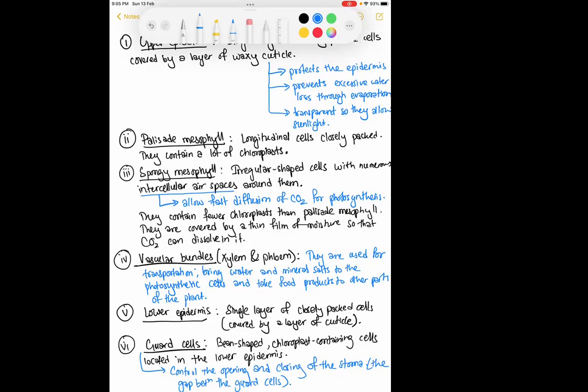So these are the 3 things that stomata allow: carbon dioxide to diffuse in, oxygen and water vapor out.